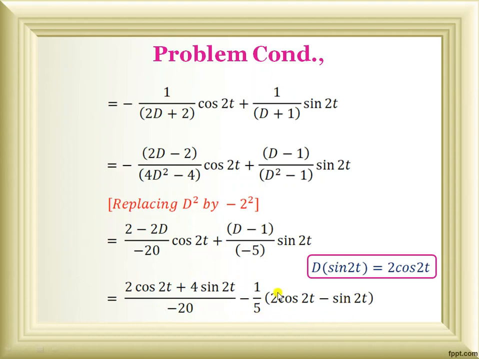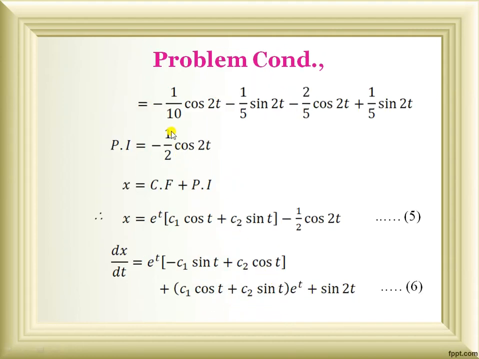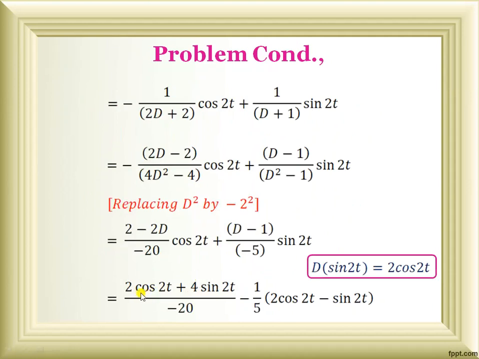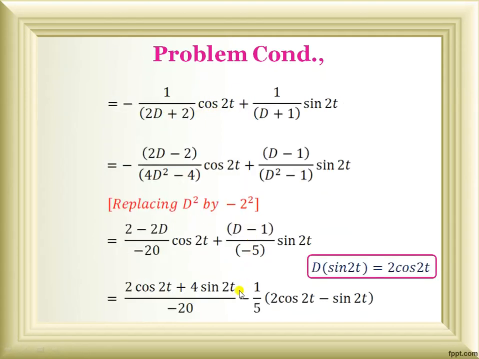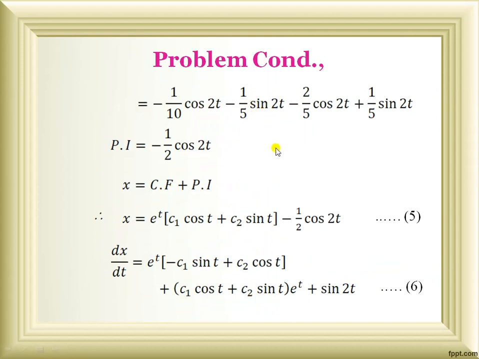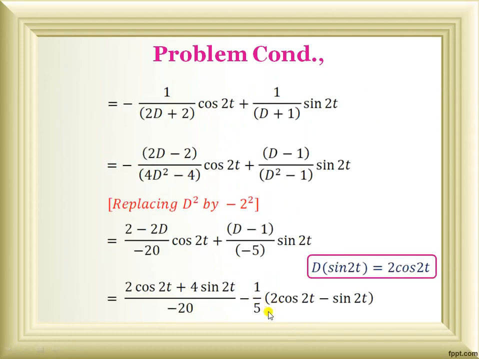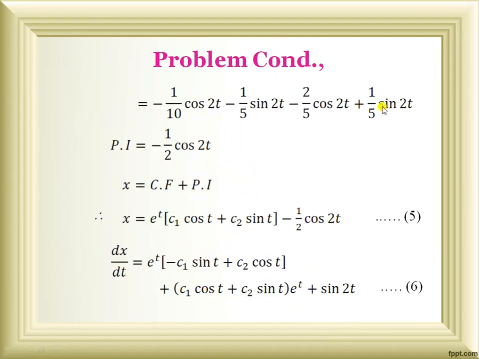Now I am going to open this, like minus 1 by, look at here the first term, 2 cos 2t by minus 20. So therefore 2 by 20 is minus 1 by 10 into cos 2t, and 4 by minus 20 is minus 1 by 5 times of sin 2t, and minus 2 by 5 of cos 2t, and minus into minus is positive, 1 by 5 times of sin 2t.